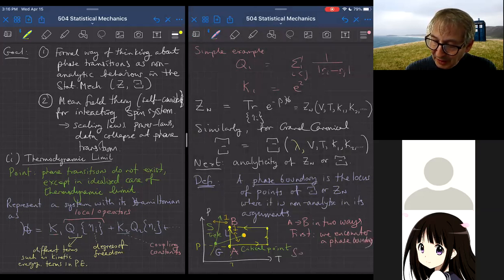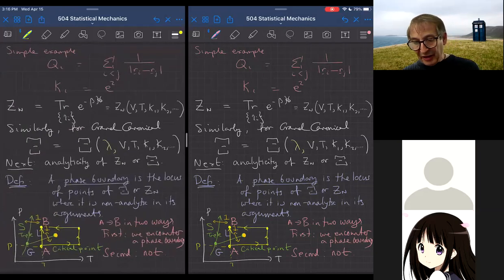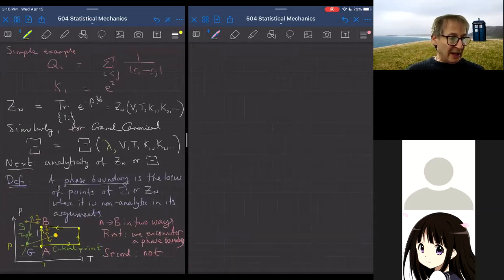And in the second, we don't. And so that tells you then that there is no unique way to define necessarily a way to see that phases exist.